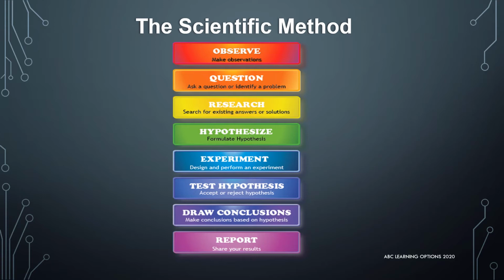After you've done your experiment, you will have information, data. And as you study this data, it will either accept your hypothesis or it will oppose your hypothesis. You'll have to reject it.